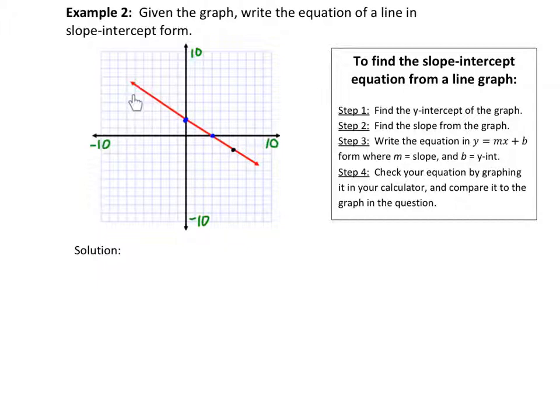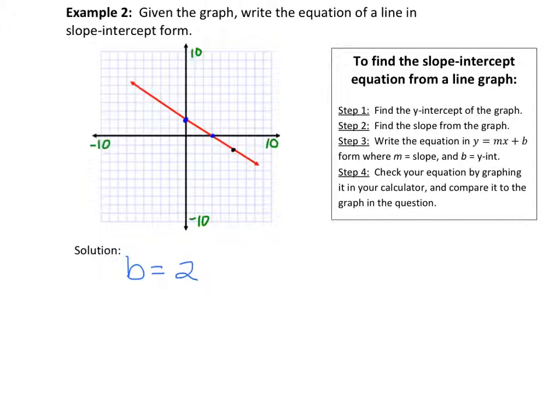So we have our line here, this red line, and we go until we find where it crosses the y-axis. That's your up and down vertical axis. And it looks like it crosses the axis at the point (0, 2). So we can write our b value, or our y-intercept, as positive 2.